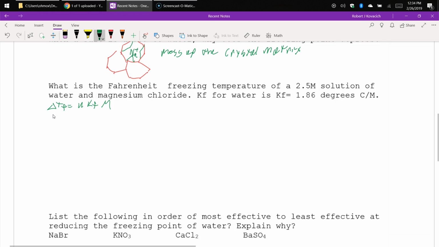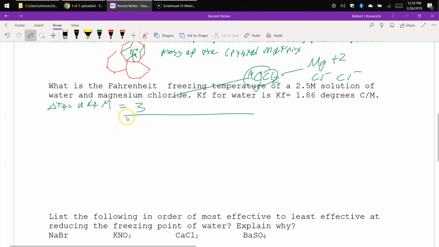And we're talking about magnesium chloride. So magnesium chloride is MgCl2. That thing breaks apart into magnesium and chloride ions. So the n for this is going to be 3. The Kf for this thing is going to be 1.86 degrees C per molar, and the solution concentration is 2.5 molar.